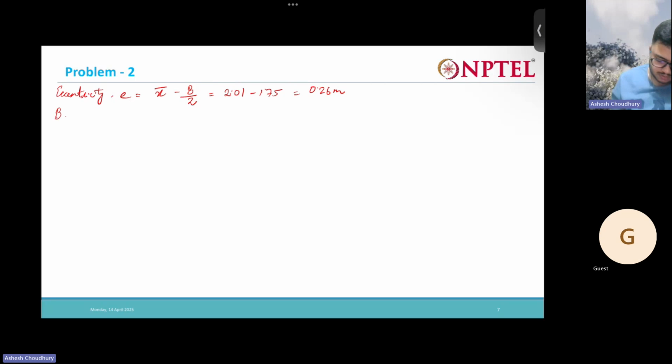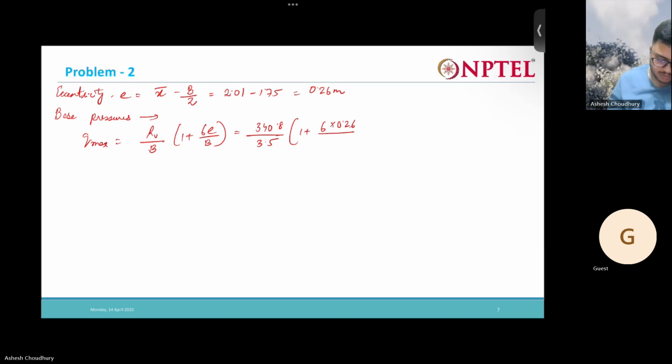Next, we can calculate the base pressures. Okay, so this is less than the safe bearing capacity, so it's fine.